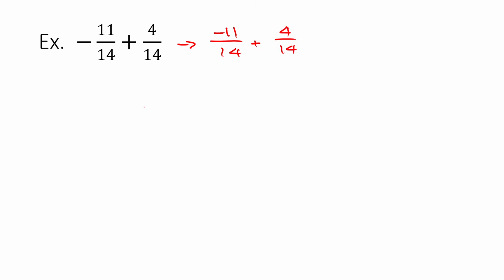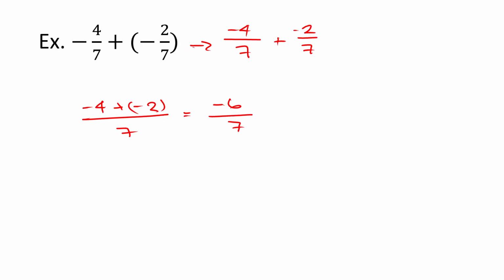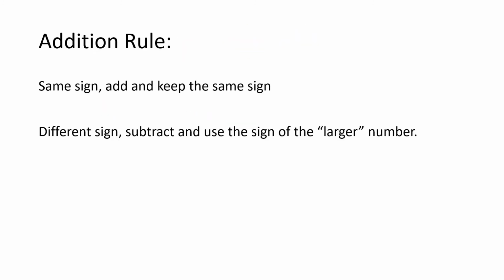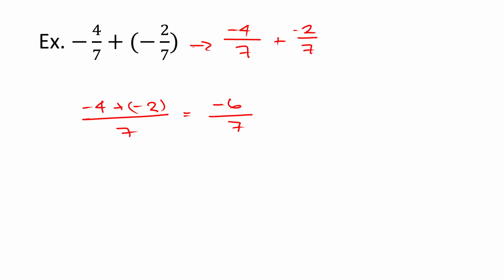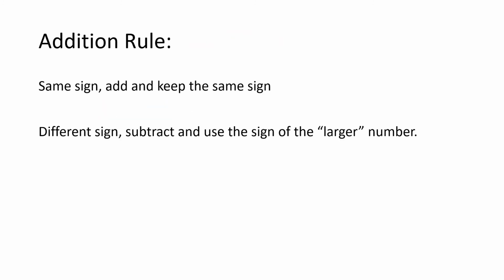Now combine the numerator, we're going to have negative 11 plus 4 over 14, and then we're going to choose same sign or different sign. Well, one is negative, one is positive, so we're going to use different sign.